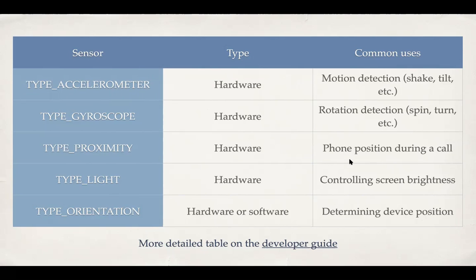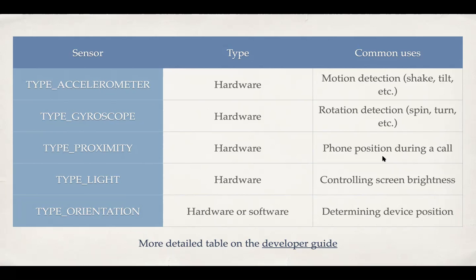You have a proximity sensor. That's the one that tells you how close you are to some other object. So the example that I mentioned, using a phone during a call: if the phone is too close to your face, you may want to disable certain accidental touches, etc. Then you have the light sensor, which is used for controlling the screen brightness, and we'll see that one in our example pretty soon.